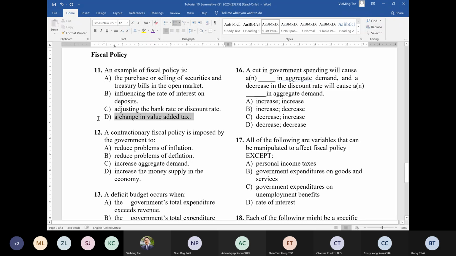Besides tax, what else can be used by government in the fiscal policy to monitor the AD? Expenditure. Yes, government expenditure or government spending. So tax and government spending are the two tools that can be used by government to monitor the AD, by using fiscal policy. Okay, good.